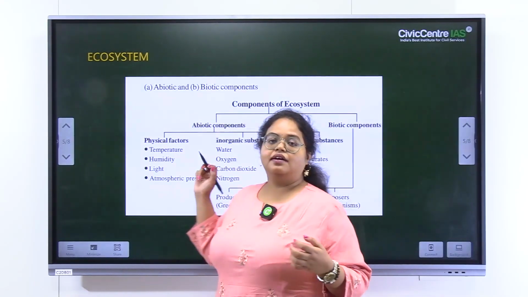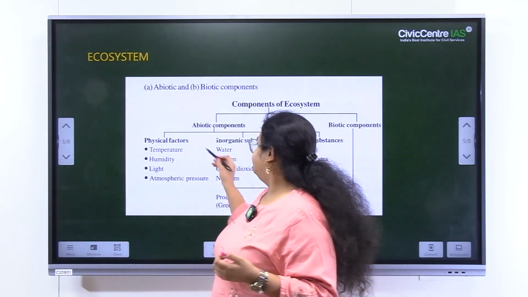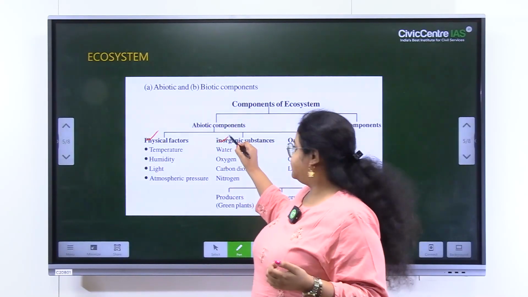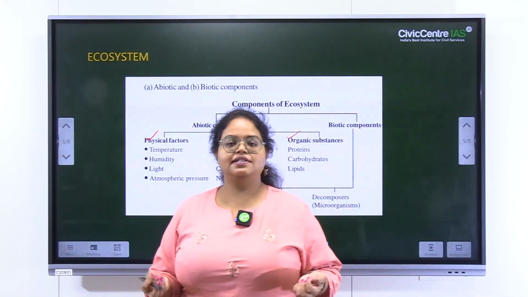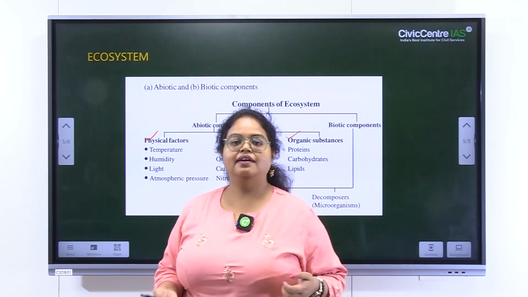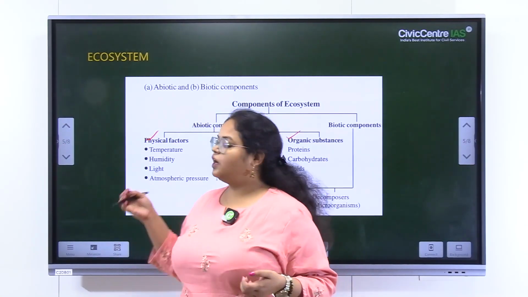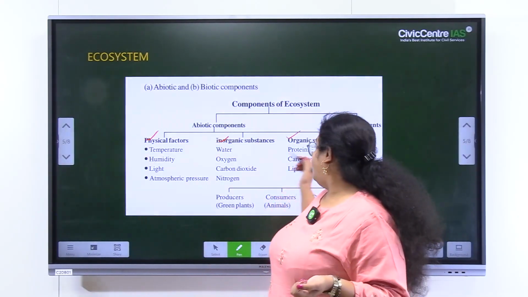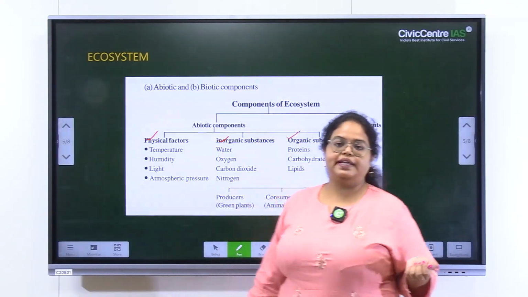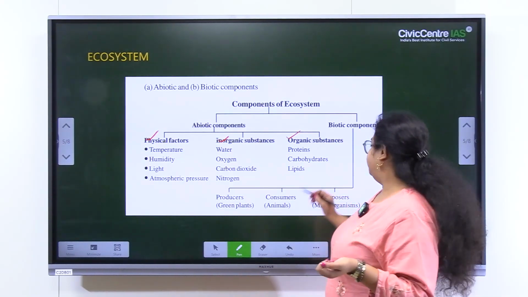The abiotic components are further divided into physical factors, inorganic substances and organic substances. The examples of physical factors are temperature, humidity, rainfall, etc., inorganic substances like carbon, hydrogen, oxygen, and organic substances like proteins, carbohydrates and lipids.